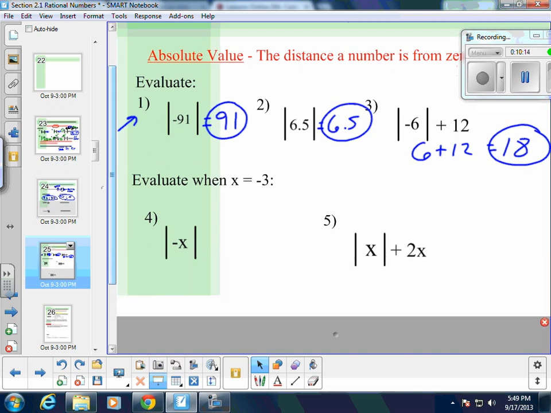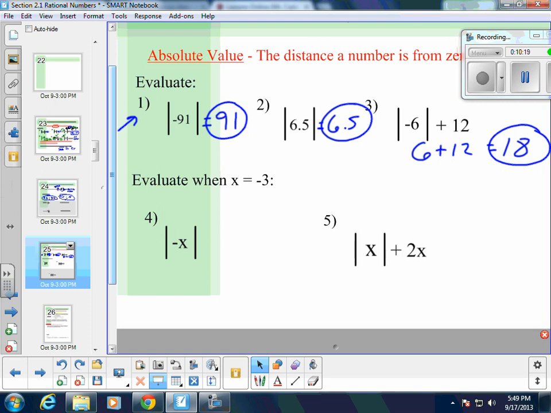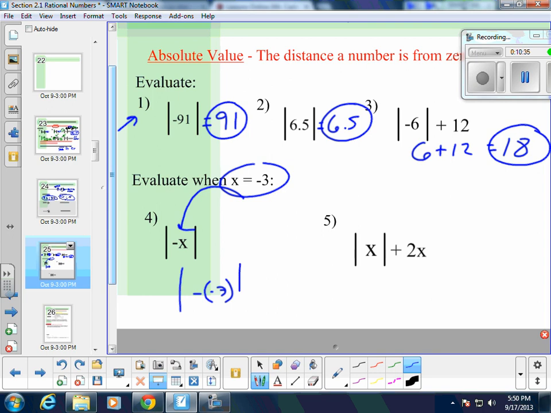A few other examples just to show what else you can get. You may get a problem where, we did this in chapter 1, they might tell you, oh, x is -3, and then you have to put that number into the problem and then evaluate it. In this problem, if I put -3 inside the absolute value, I already have a negative in there, so it's like negative of -3.